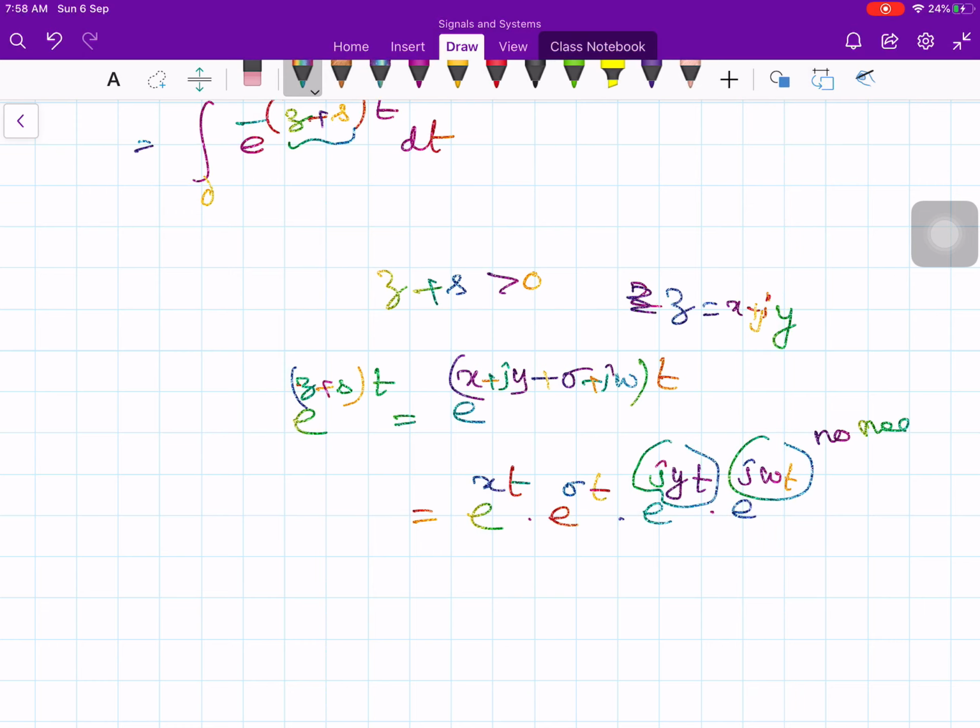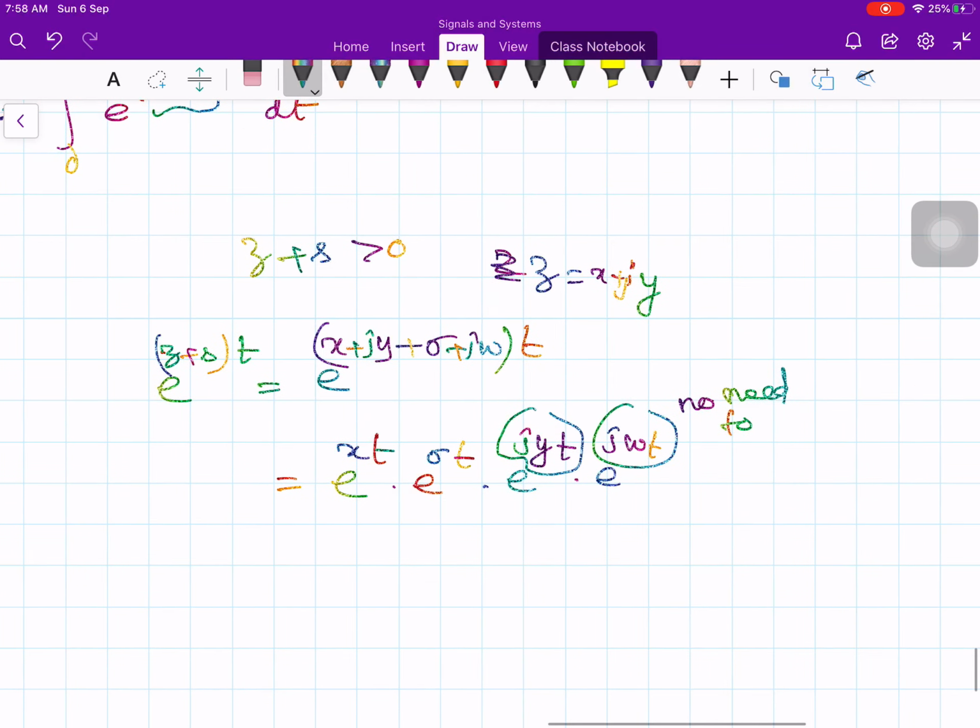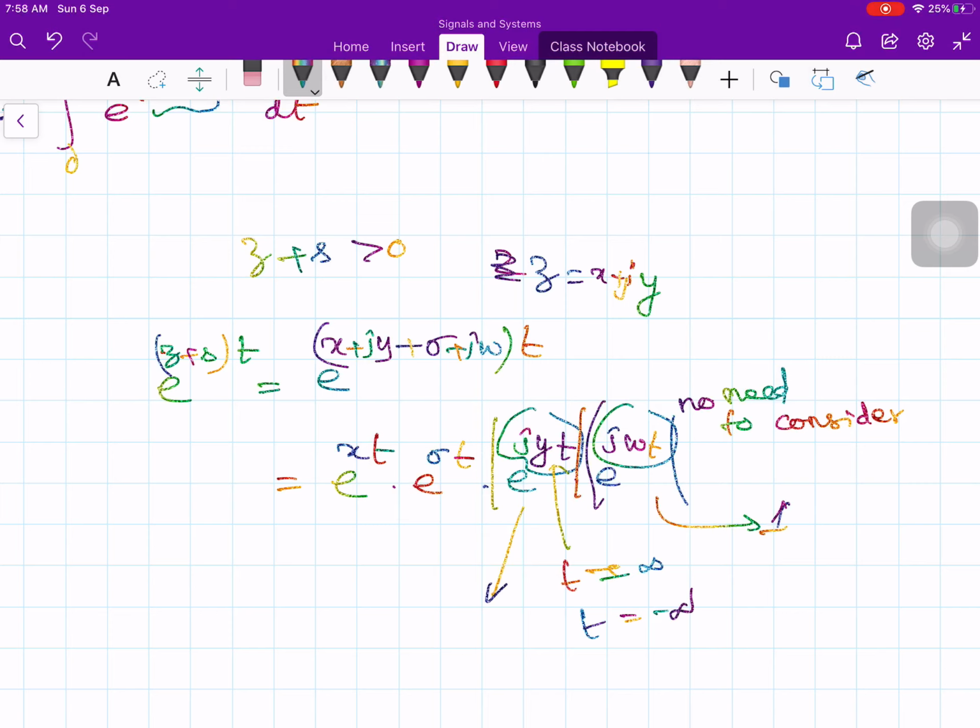Why? Always we will be more concerned about the real part. Whatever value you substitute for t, either t equal to infinity or t equal to minus infinity, it does not matter, because the magnitude of these two terms will always be 1. They will not diverge, they always stay at magnitude 1, but that is not the case for the other two terms. That is why we always talk about the real part of a complex number or complex function.